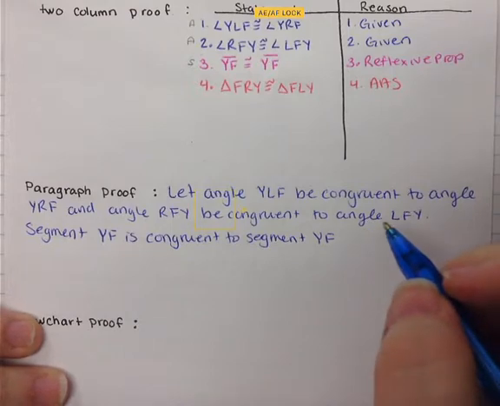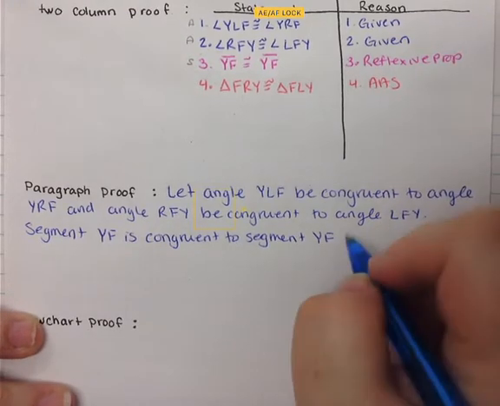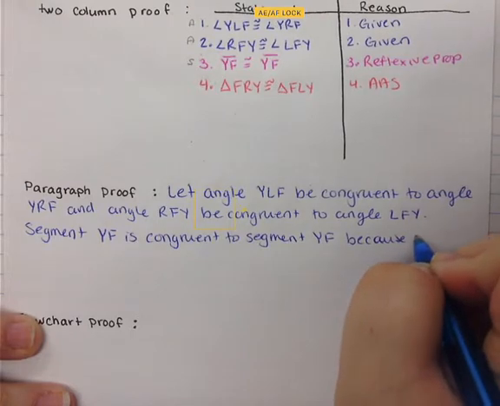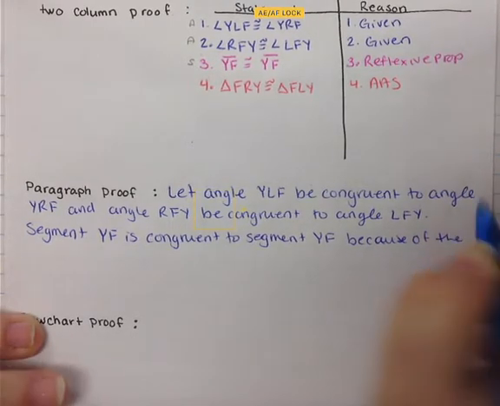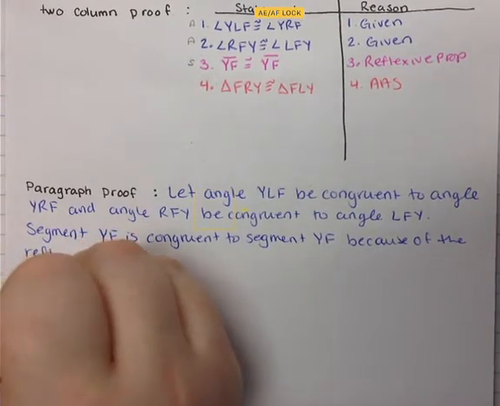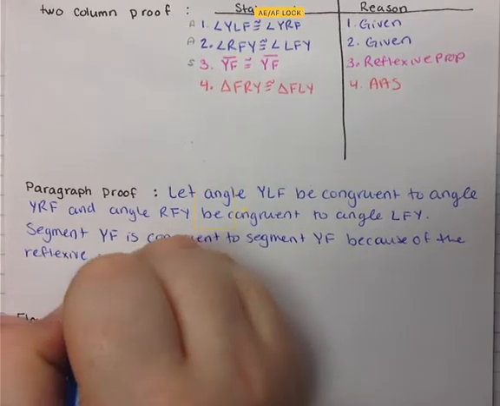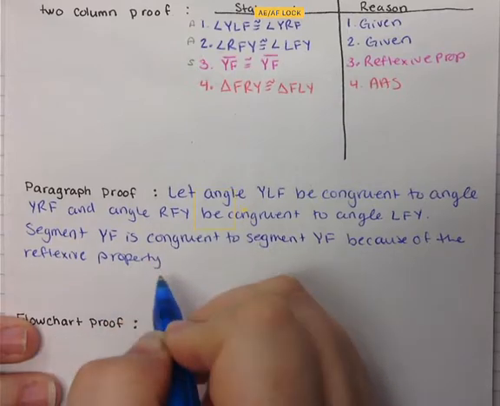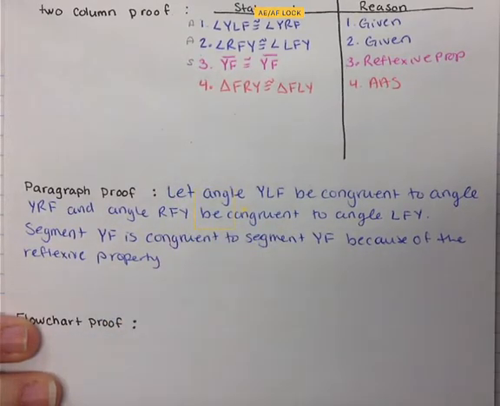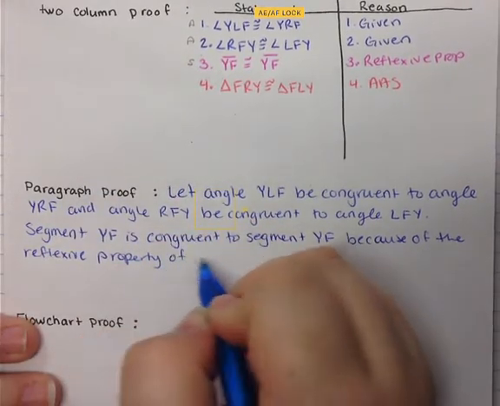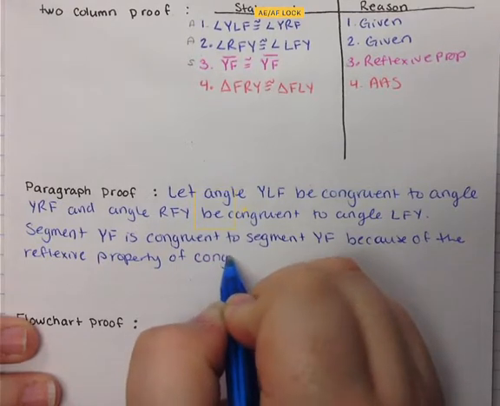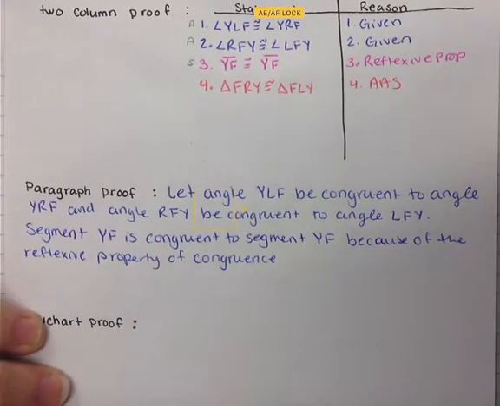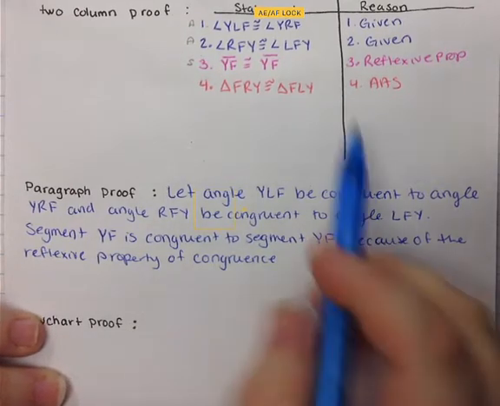You can say because of or due to. Yeah, so because of the reflexive property. I'm going to write out the entire word for property. And it's technically the property of congruence, so I need to write out the entire thing. Property of congruence. Because that's how we know that they're congruent, because it reflects the property of congruence. So that was that statement.